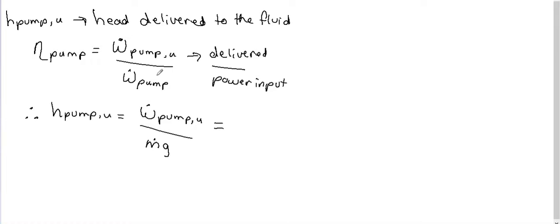And of course, if we substitute in here what the power of the pump is, we can just substitute eta in for that. So we'd have eta of the pump times the power of the pump divided by the mass flow rate times g. So you're probably wondering, what is this mass flow rate? So let's just come up here and define that real quickly.